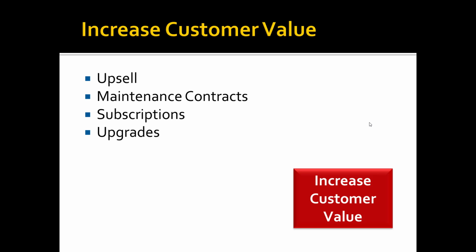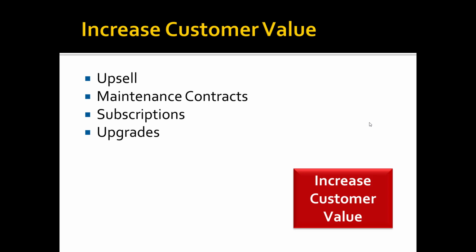So we talked earlier about how it's less expensive to keep a customer rather than get a new one. And this is where we talk about increasing the customer value. That might be an upsell, maintenance contracts, subscriptions, upgrades. These are all things that you can systematize.